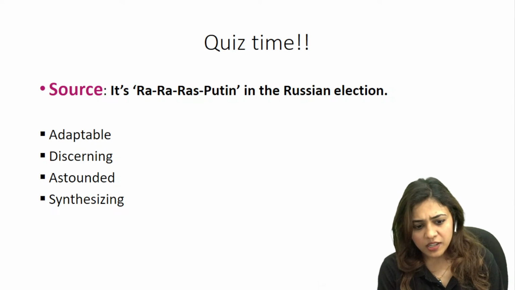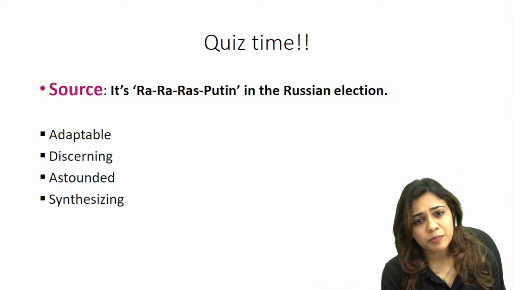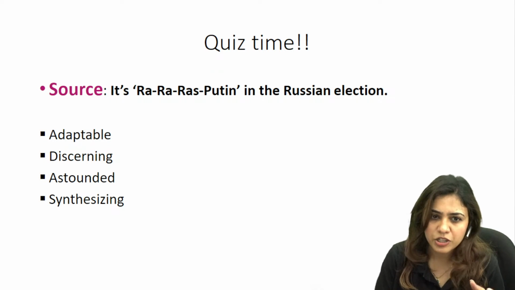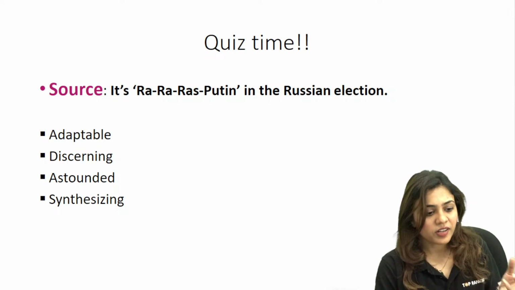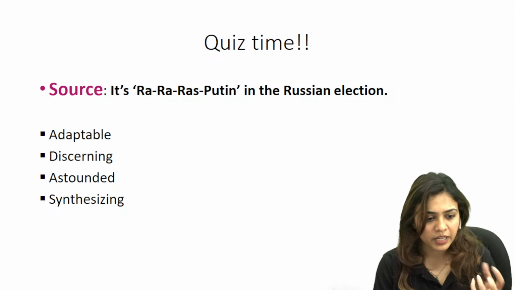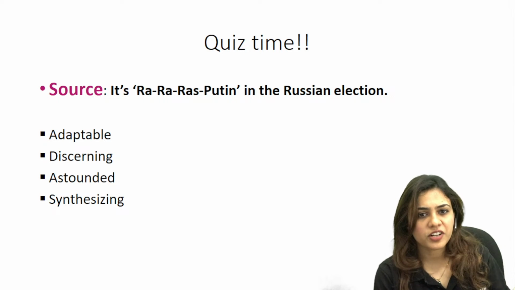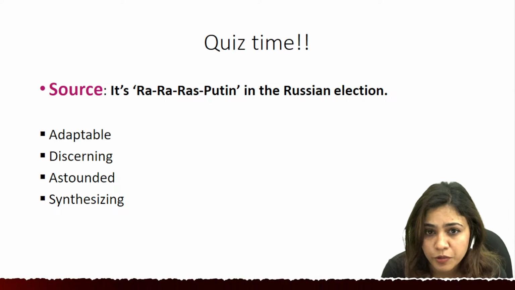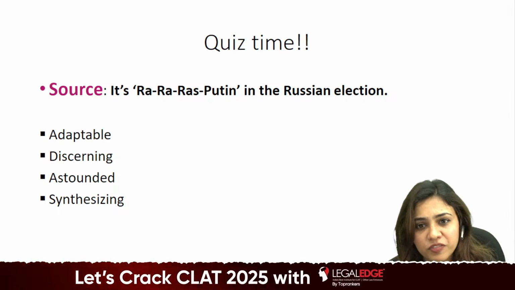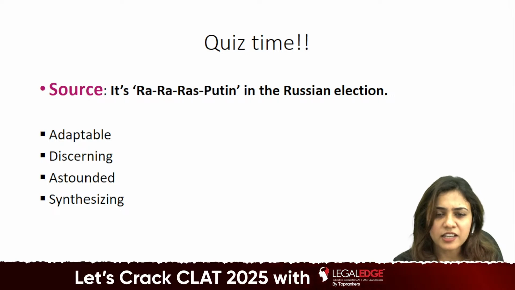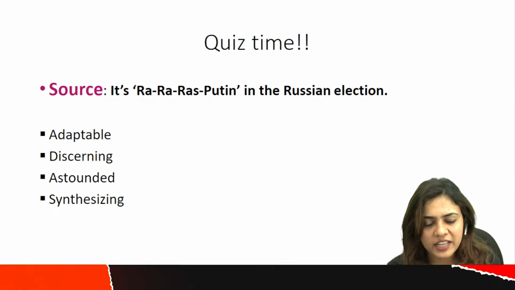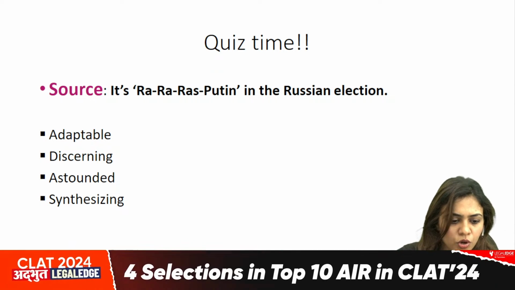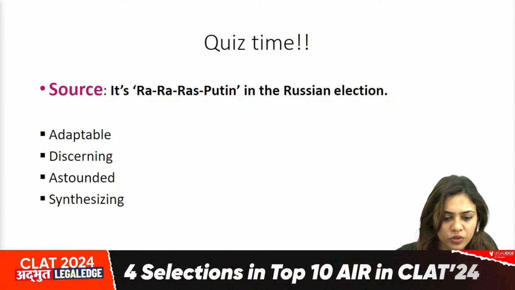So he remains popular because he deals with certain issues related to finance and the economy, and also his portrayal of Russia as a defender of traditional values against Western influence. Some things that are part of the propaganda have actually gained a lot of popularity. And that's pretty much the summary of the passage. So, who's going to tell me what could be the tone of this passage?